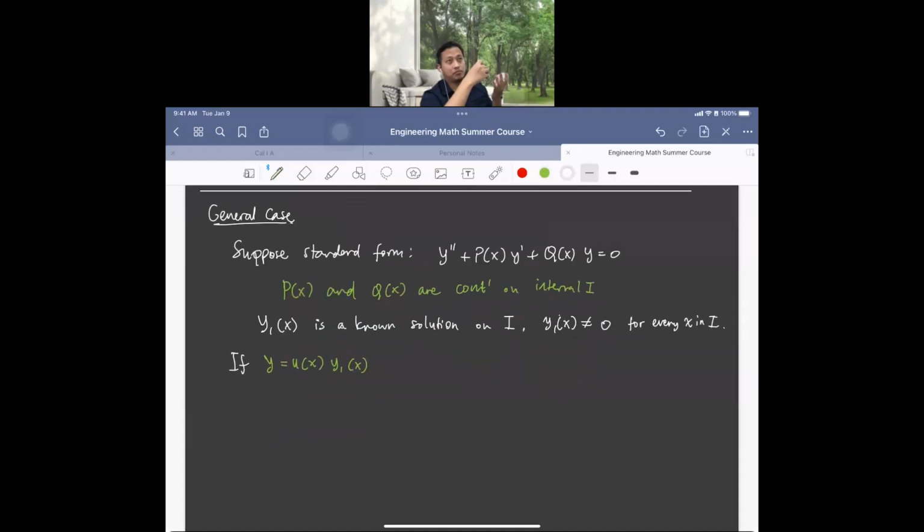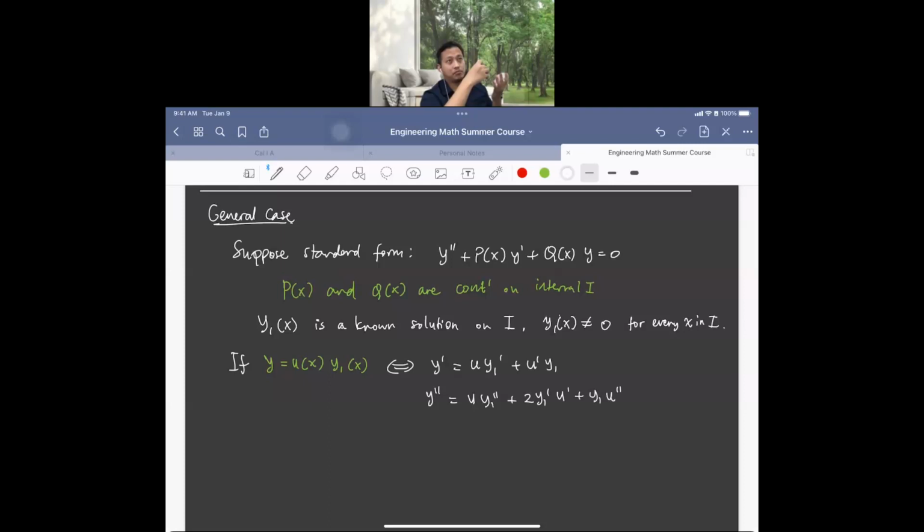If we define y = u(x)y1(x), it follows that with the product rule, y' will be u y1' + u' y1. And then take another derivative.